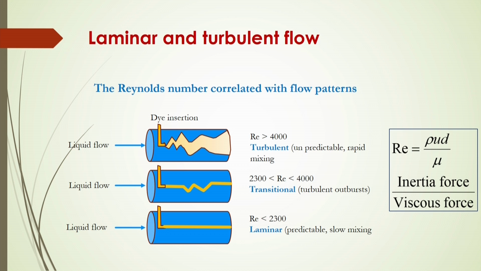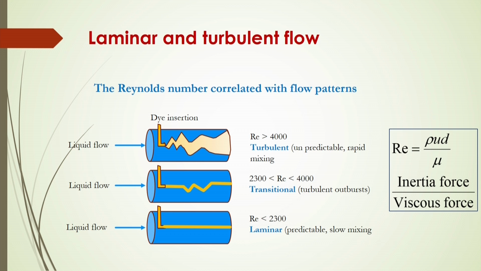What are laminar and turbulent flow? Here one important criterion is whether the fluid is laminar or turbulent: whether it is very streamlined and slow in motion, or whether the fluid particles move haphazardly, changing their location with respect to time.